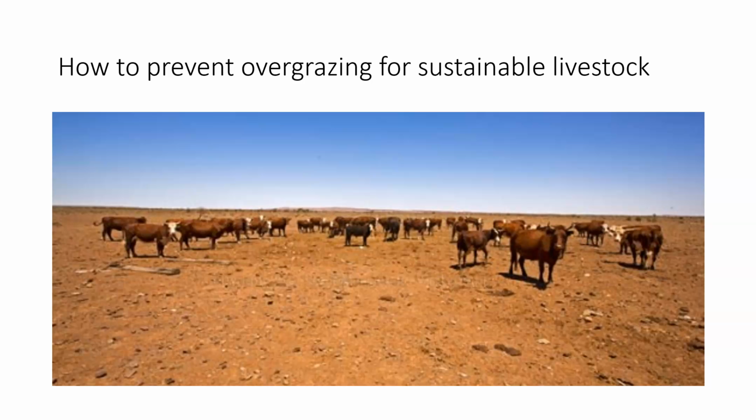Another really important part of agriculture is the raising of livestock. And one of the big concerns with raising livestock is this process of overgrazing, so degrading our land, desertification that can occur from time to time through improper grazing of our livestock species. All right.